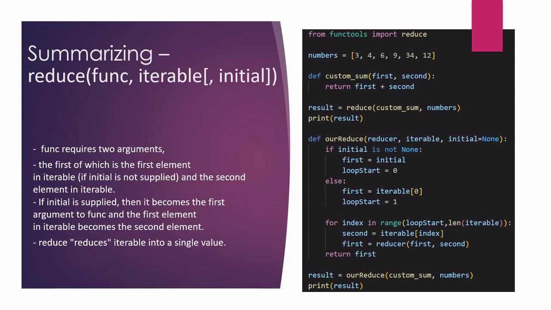Okay, so apply on the first and the initial, and then calculate the result. All right, the result would be 5. And then in the next iteration, we would apply on the result of the previous 2 and the next value. So it would be 4 plus 5. The result would be 9.